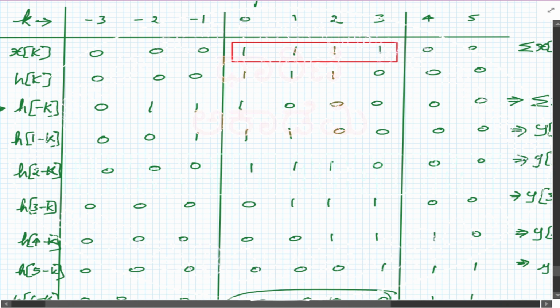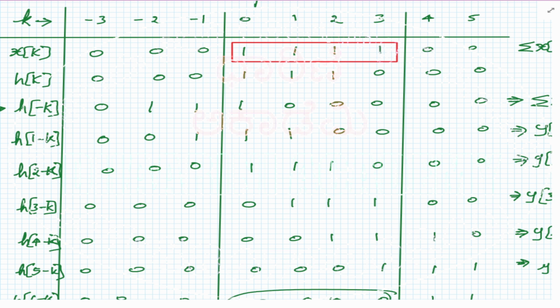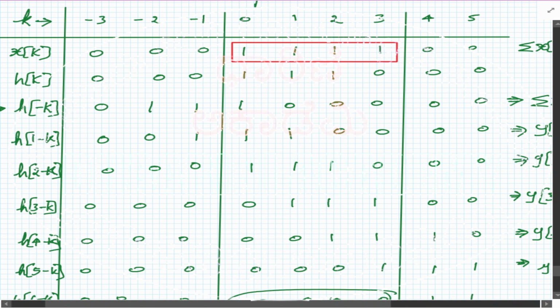But for the second signal there is n minus k, which ultimately indicates that you have a shift and a flip. So I had to perform the flipping operation. H of k becomes h of minus k, then take a product to get y of 0, and so on. Then keep shifting by adding an n value. So you can see that this is what happens and you get the convolution results in this fashion. This is a straightforward way of performing the convolution.